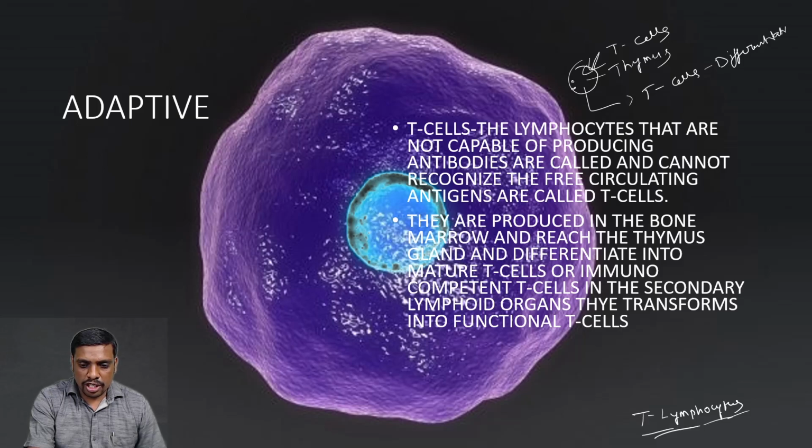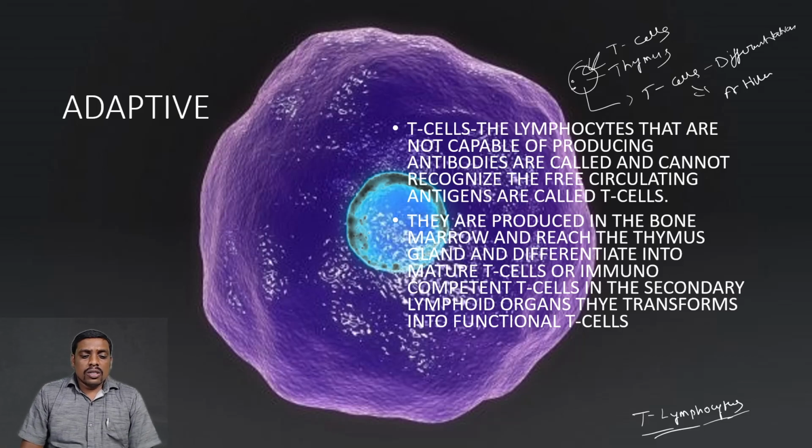After differentiation, they will transform into active T cells, active immune mature cells. So these are immunocompetent T cells in the secondary lymphatic organs or secondary lymphatic tissue. They transform into functional T cells.